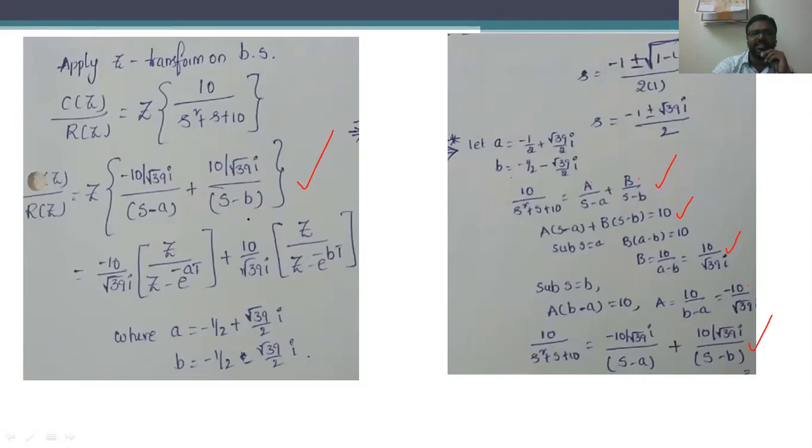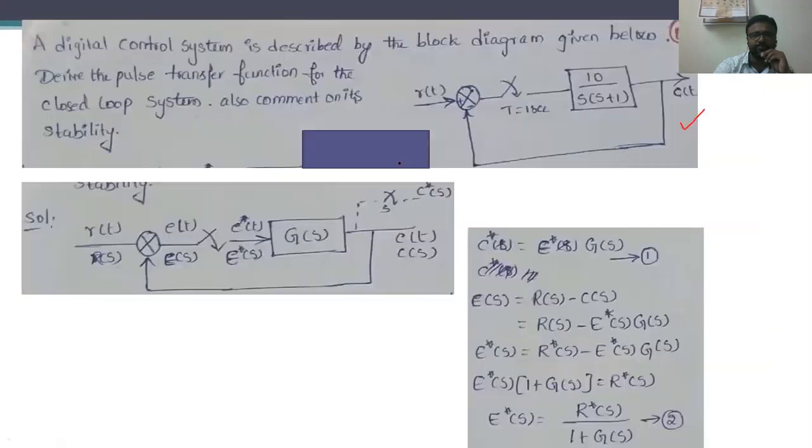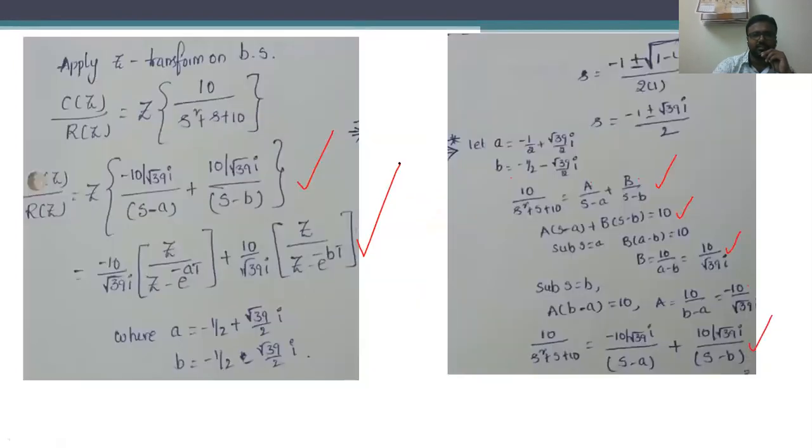It is nothing but z divided by z minus e power minus a. Similarly, the Z transform for the other one is z divided by z minus e power minus b. So we get the final value of the pulse transfer function for the closed loop circuit, which is this value.